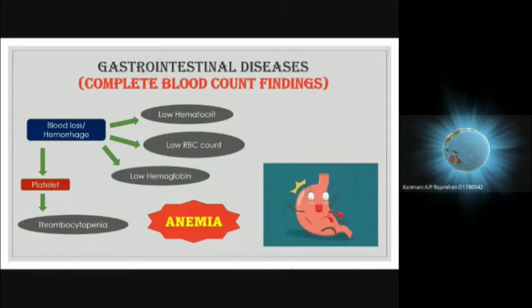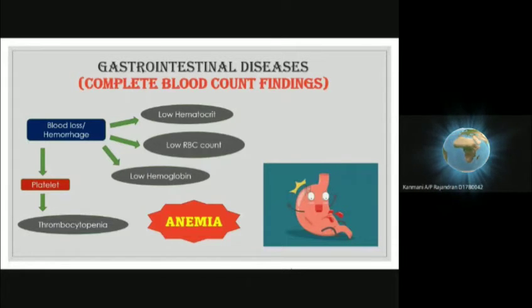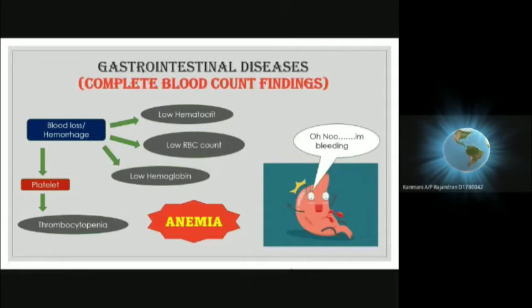In a case of infectious diseases that cause blood loss, we can observe an inflammatory leukogram with anemia, while in non-infectious gastrointestinal diseases, we may see anemia with a stress leukogram.